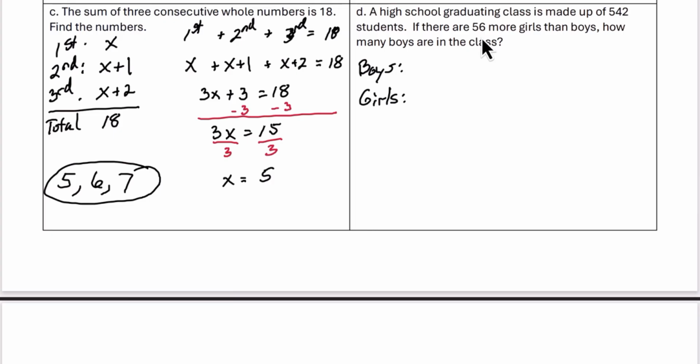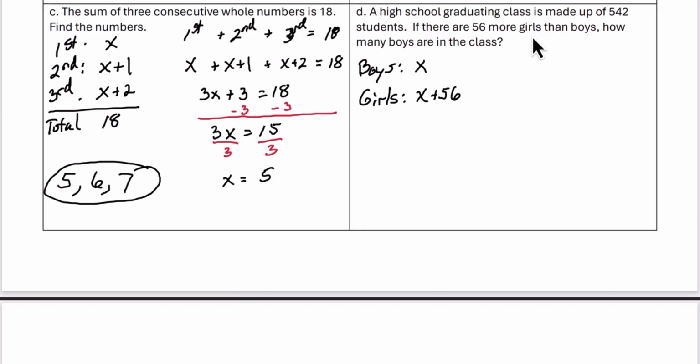Notice it says there are 56 more girls than boys. So we know a tiny bit of information about the girls. The boys we know absolutely nothing about. So the thing we know nothing about is your variable, x. Girls we can then label as 56 plus x, or x plus 56. It doesn't matter, the order, because there's 56 more girls than boys.